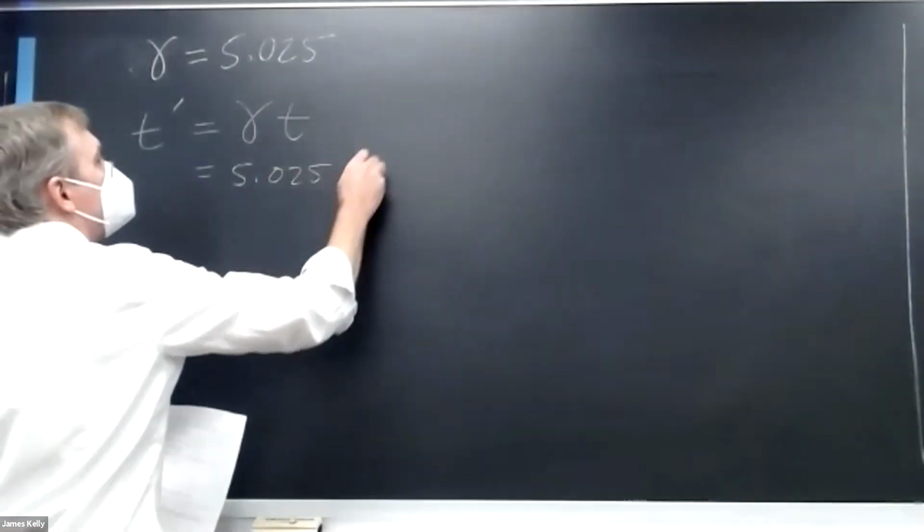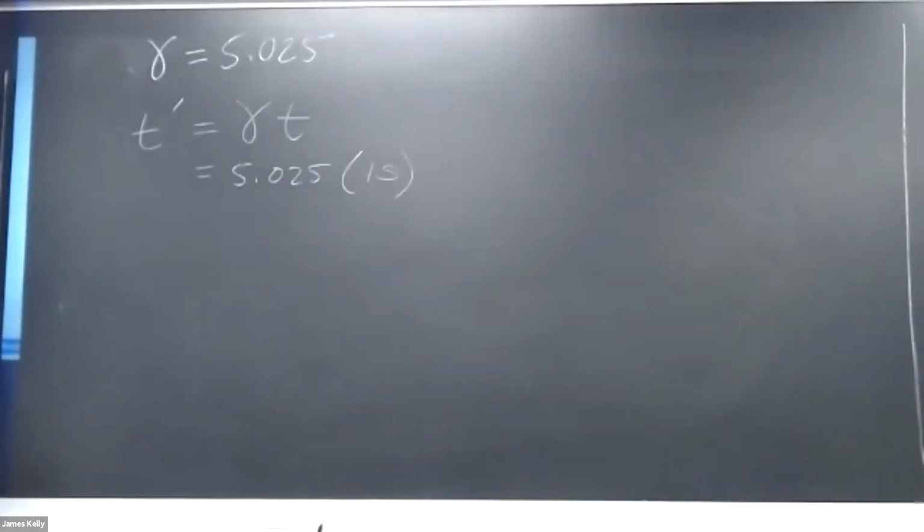And so if the normal clock in its normal context takes 1 second to tick off, then in a context where it's moving past us at a high speed, where gamma is 5.025, we'll have to wait an amount of time which is 5.025 times 1 second. One S is 1 second. Okay, so 5.025 seconds is the amount of time we have to wait if we're watching it from the point of view of Earth as it's zipping by in the spaceship.